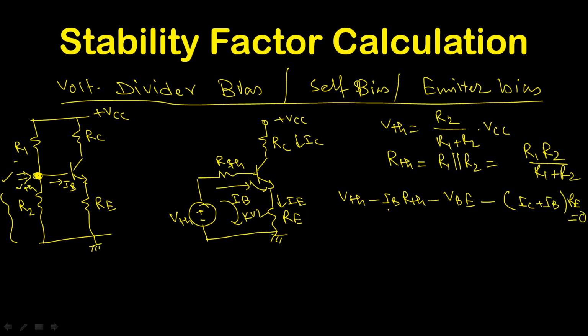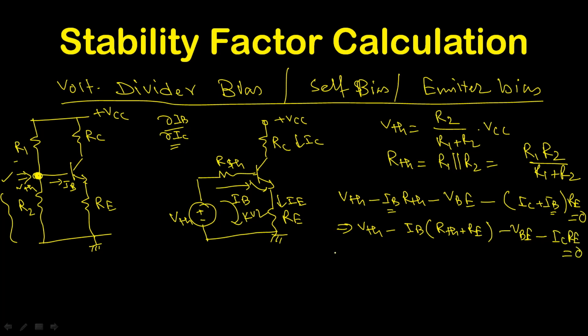Now in this equation we have IB and we have IC, and do not modify IC because we have to calculate the parameter del IB by del IC to calculate the stability factor. So we can rearrange this: VTH minus, if I take IB common, IB times RTH plus RE, minus VBE minus IC RE, equals 0.